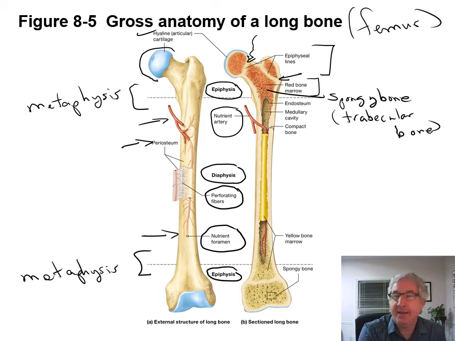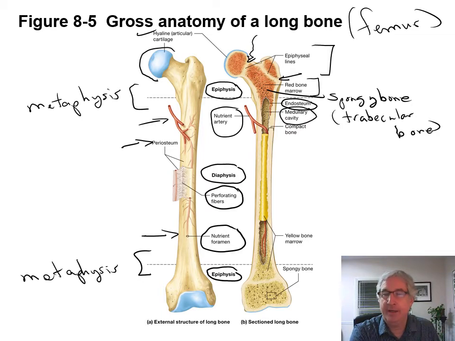In between the trabeculae is the red bone marrow in those little spaces, and then surrounding the trabecula there's endosteum. I'll show you a better slide that talks about that. There's endosteum on the inside of the bone, and then there's a cavity on the inside of the bone. It's called the medullary cavity.